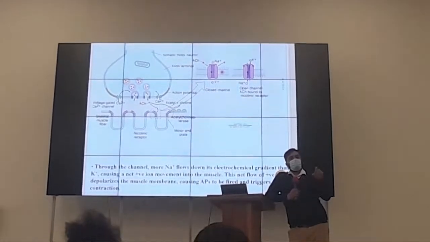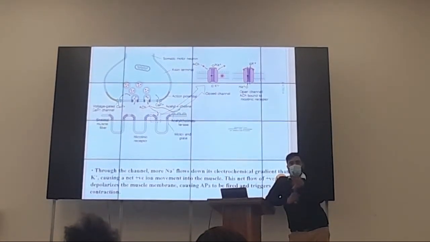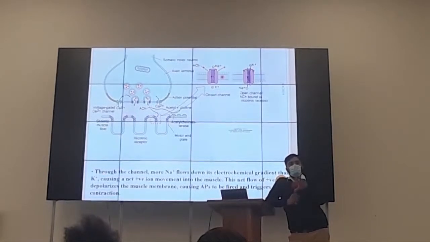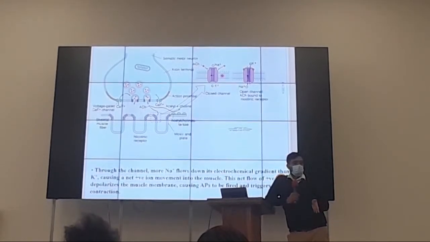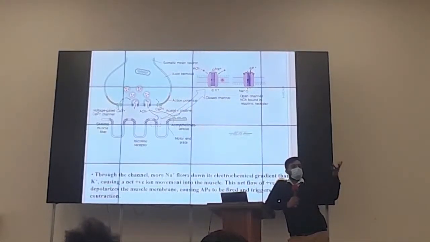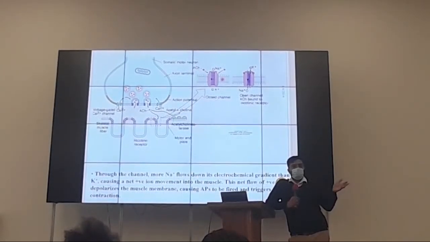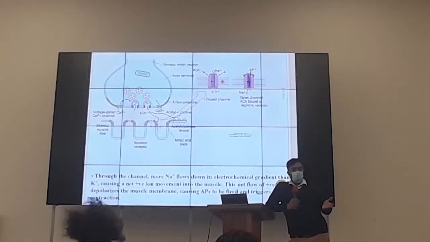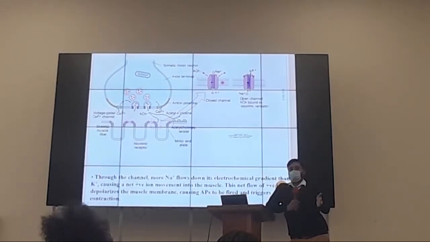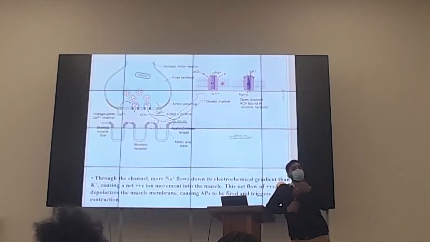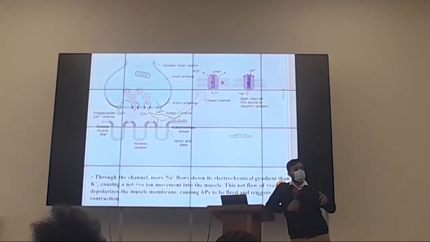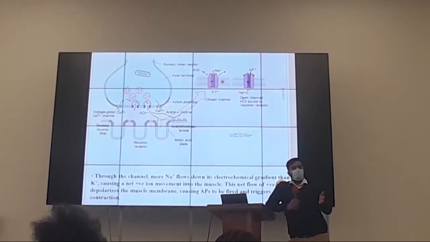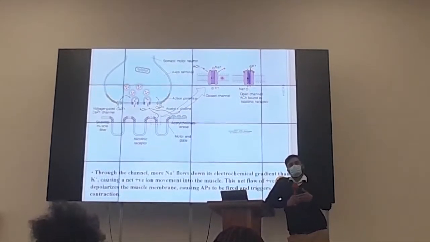GABA will go to the GABA receptor on the postsynaptic membrane, and this time it will cause more potassium efflux than sodium influx, so what will be generated is an IPSP. It's the same principle. It's just that we are describing this in terms of neuromuscular physiology, and in terms of neuromuscular physiology, the only type of receptor here is a nicotinic receptor, and the neurotransmitter is acetylcholine.